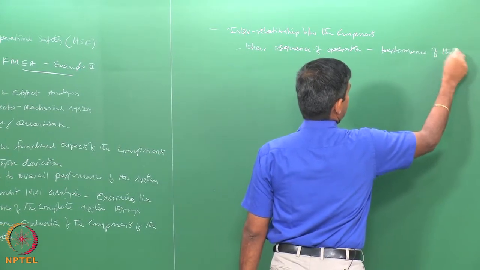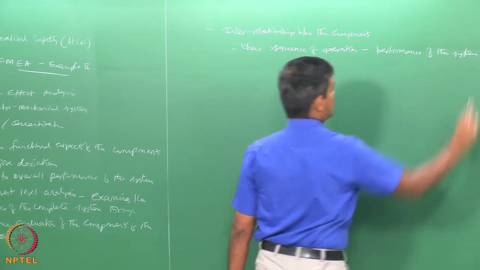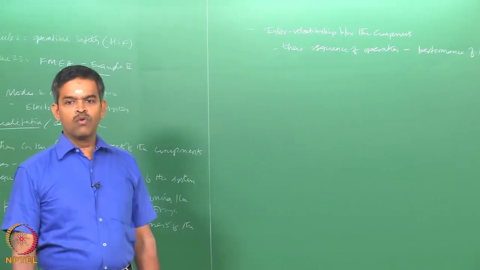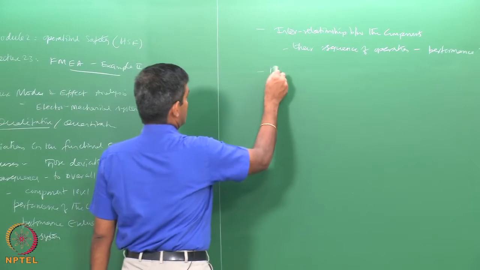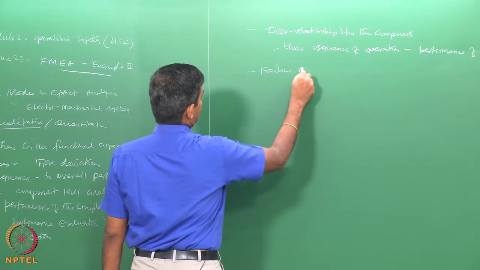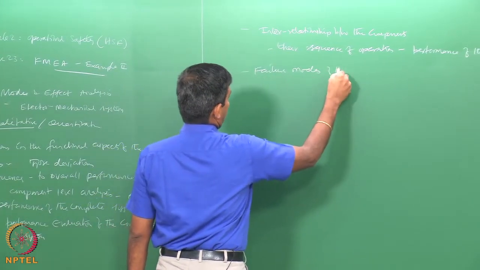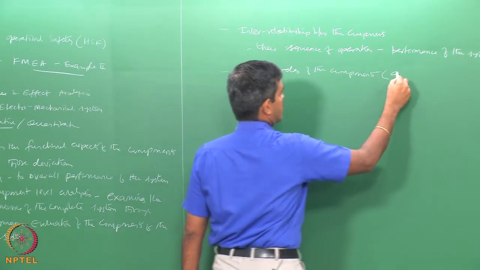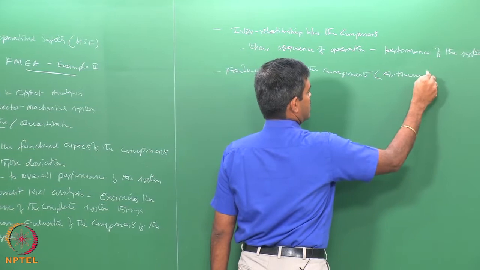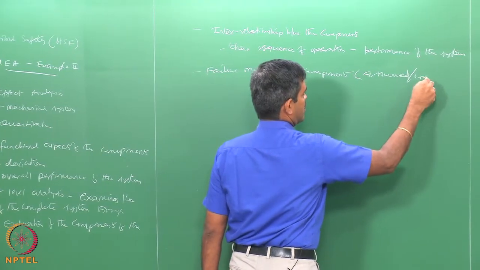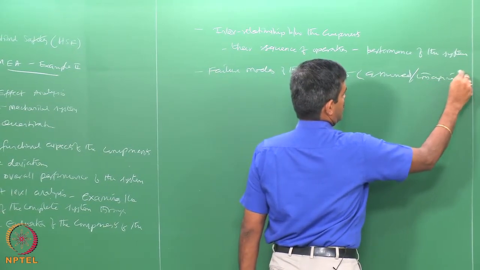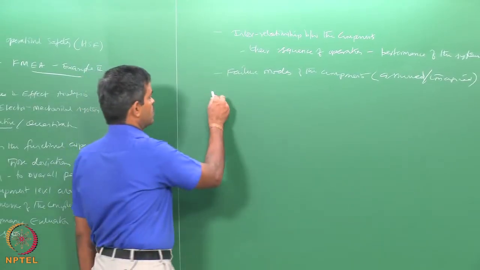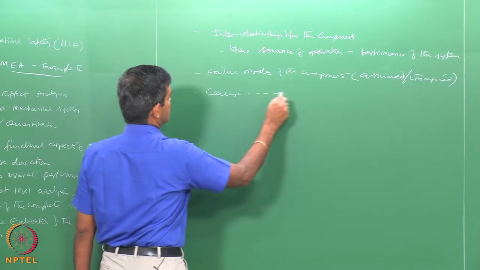So, we have understood this, then we have perceived the failure modes of the components. This is actually assumed, imagined, perceived, and for those failure modes we are able to locate the causes and consequences and so on.